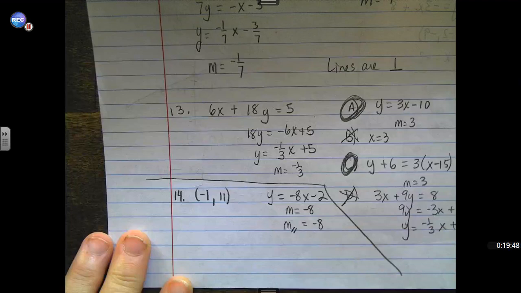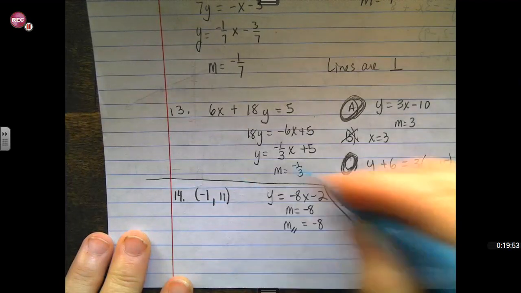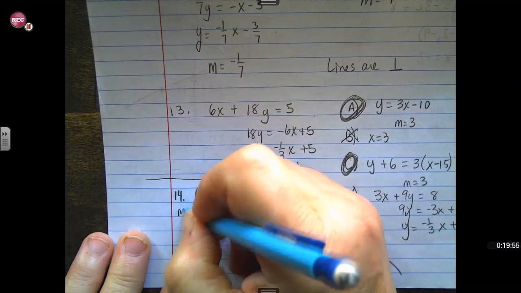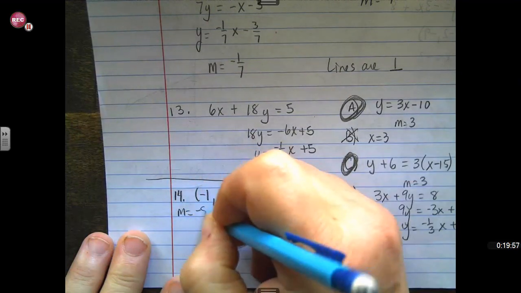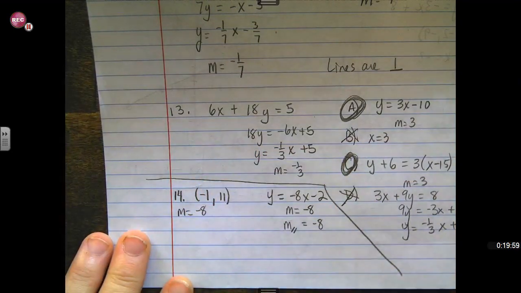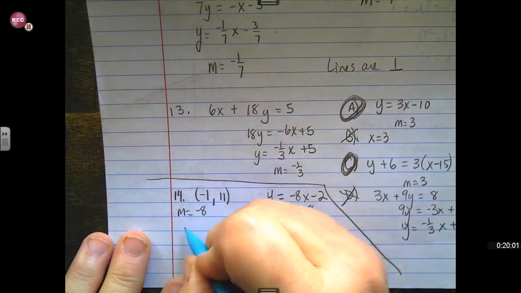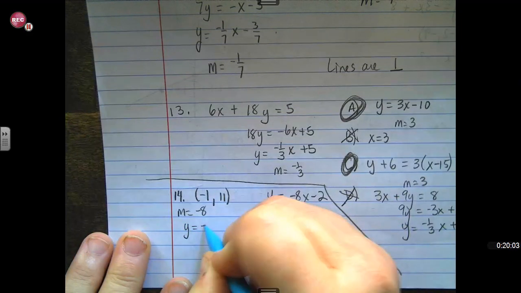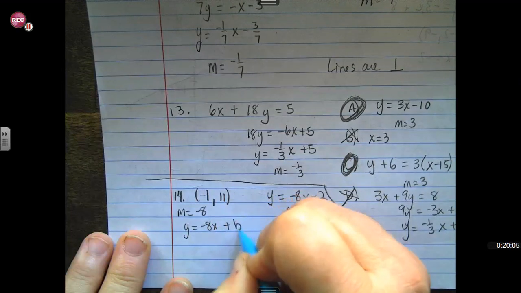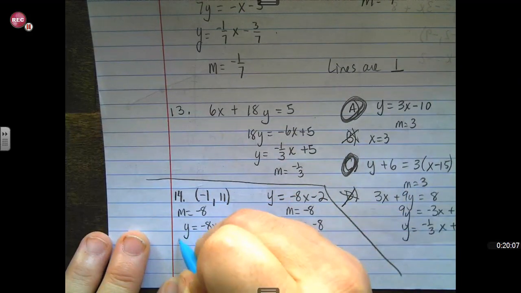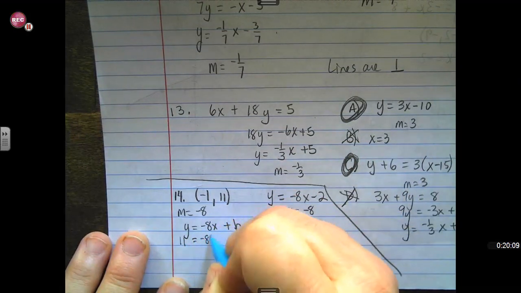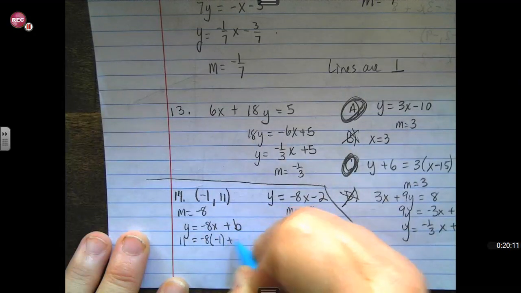I need two things to write the equation of a line. I need a point and a slope. So here's my point, and my slope is negative 8. It wants my answer in slope-intercept form. So y equals negative 8x plus b. And then I'm going to plug 11 in for y and negative 1 in for x.